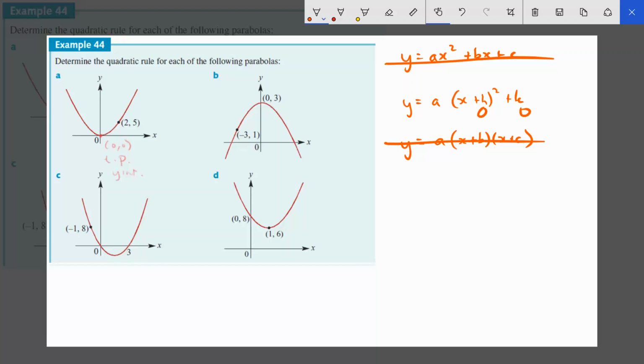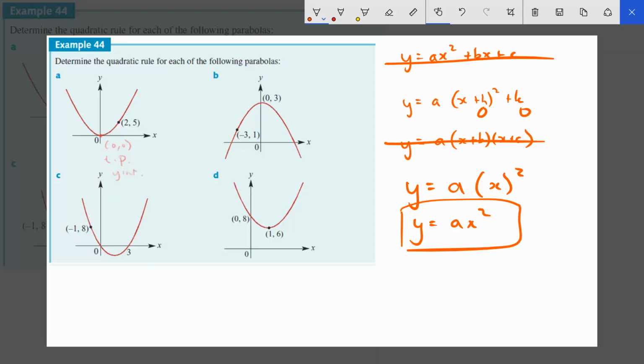So isn't that easy? Because if you sub (0, 0) into this equation, you have now y equals a(x) all squared, which is technically just saying ax squared. So just from (0, 0), I've narrowed down to one unknown. I just need to figure out what a is. So I need one more piece of information. What's that? Yeah, the other point.